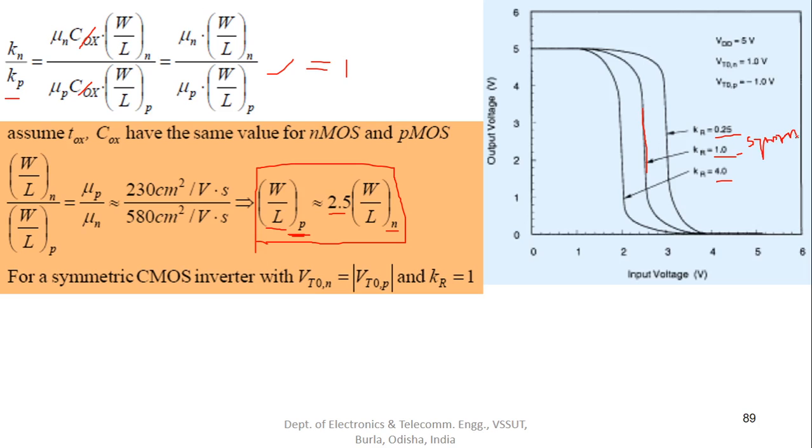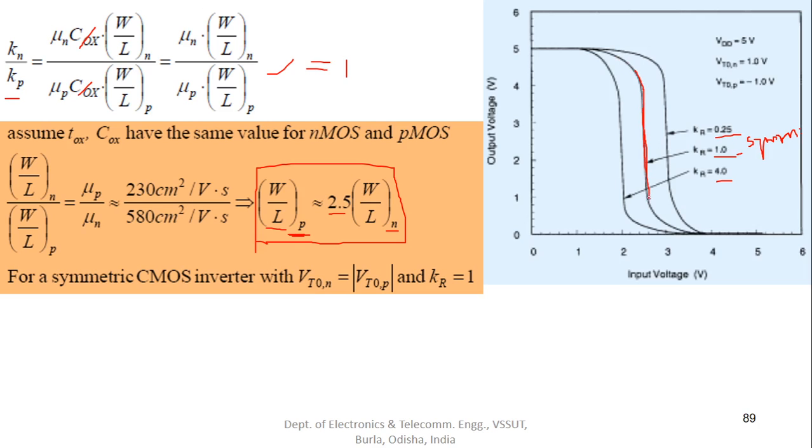You understand this is the symmetric inverter, and you can very well differentiate it from other types of inverter VTC characteristics, that is what a symmetric inverter means. Now a symmetric inverter would have a VTC characteristic that will look like this.